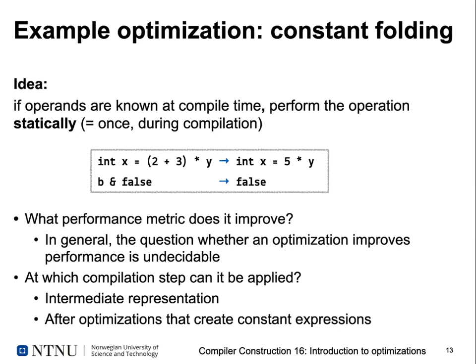And we can apply this obviously on the intermediate representation, because this expression is not dependent on any target architecture specific feature. So we could, for example, apply it after the optimizations that have already ensured that all the expressions that are constant have been generated as constants, and so now you can fold all your constants together to make your program even more optimal.